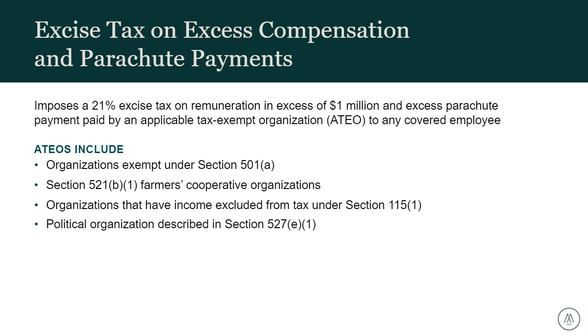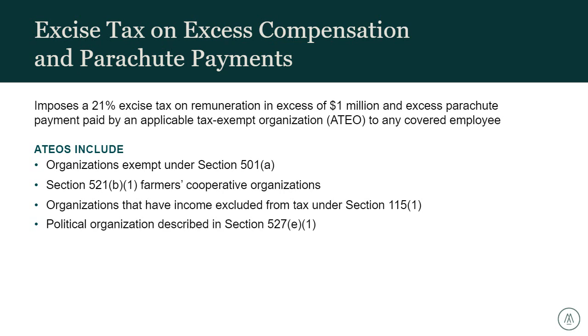So if you have a for-profit related organization and a private foundation, you have to look at them together. Where that could come into play is if one of the persons is compensated over $1 million on the for-profit, that could potentially trigger that person to be what's called a covered employee. And with a covered employee, they could be subject to this excise tax.